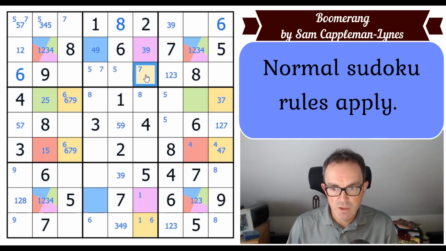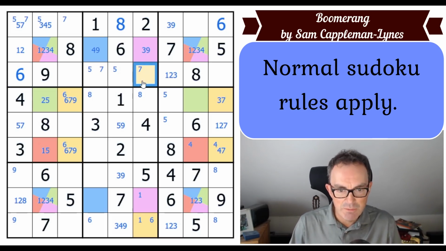Now this square can't be 1, 2, 3, 4, 5, 6. Right, that's huge. That square has become a naked single. I didn't even realise this square was restricted, actually. It wasn't one of the squares I focused on at the start when I was pencil marking, but now I look at it and we ask the question, what can it be?